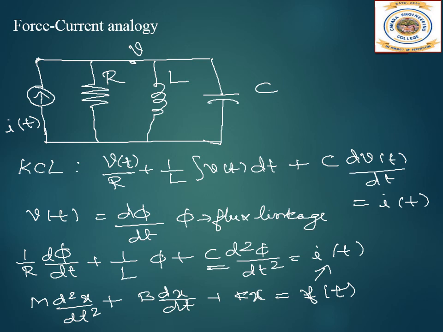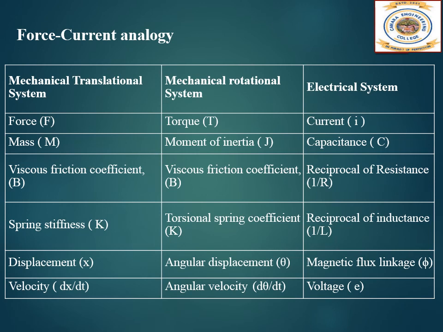Again it is tabulated here. So let us see what the analogous quantities are in this table. Here again the same translational system, rotational and electrical system are given. Force and torque are analogous to current. Mass and moment of inertia are analogous to capacitance. Viscous friction B is analogous to the reciprocal of resistance.